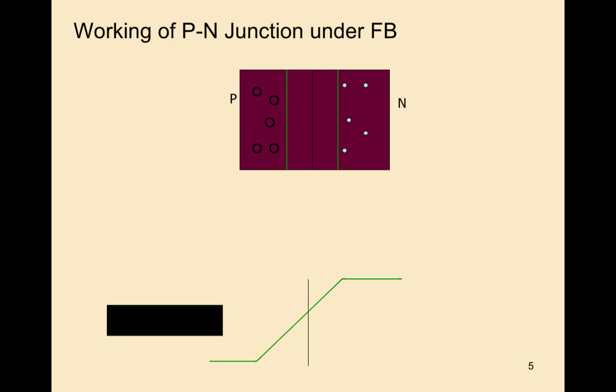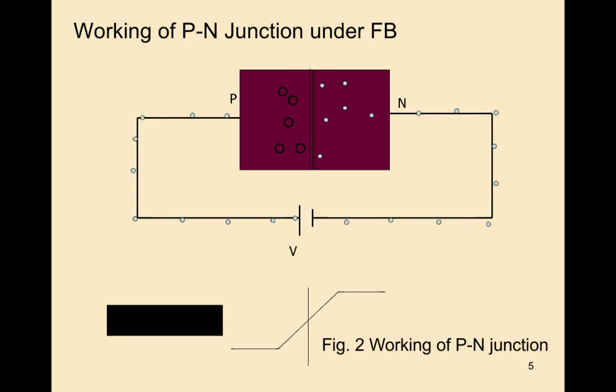By connecting the external supply to the PN diode in forward bias mode, let us see how the PN diode works. We connect battery positive to the P side and battery negative to the N side. By applying this voltage, electrons from the battery move towards the N side and holes from the battery move to the P side.